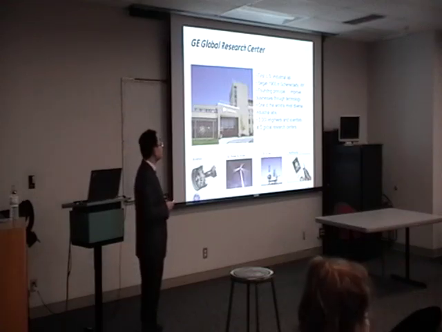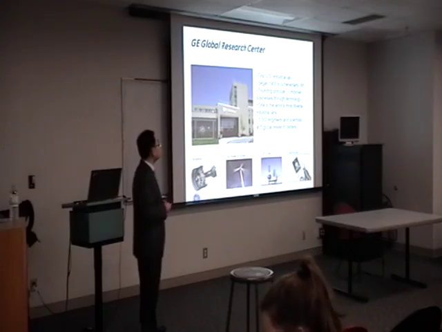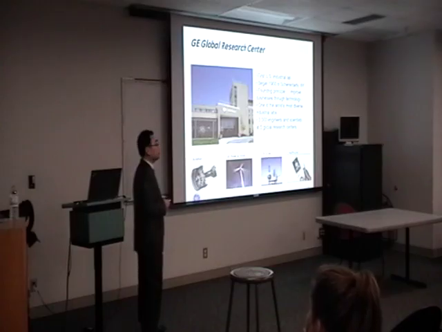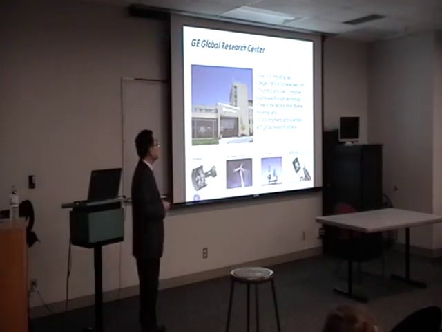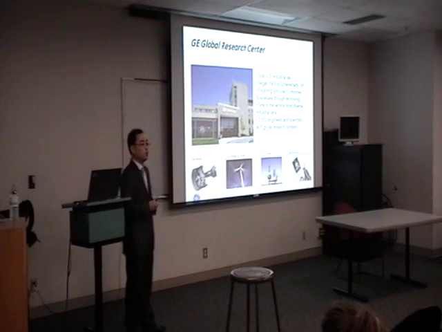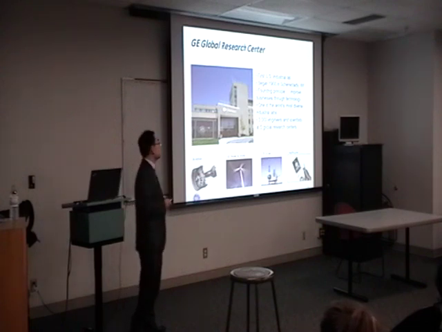GE Global Research Center is the first US industrial lab. It started around 1900 in upstate New York. We are doing fundamental scientific and applied research that have commercial application to all GE products.